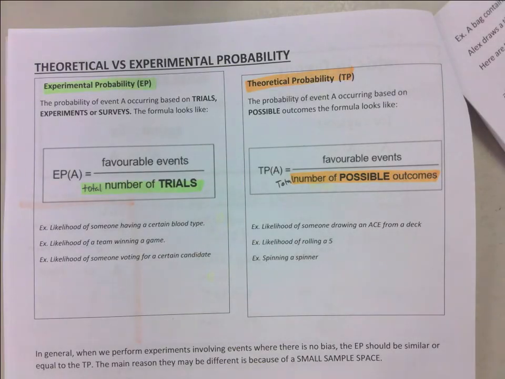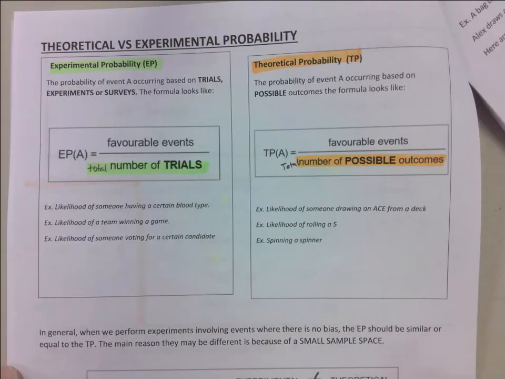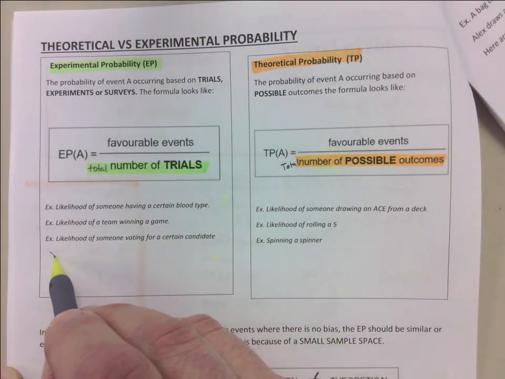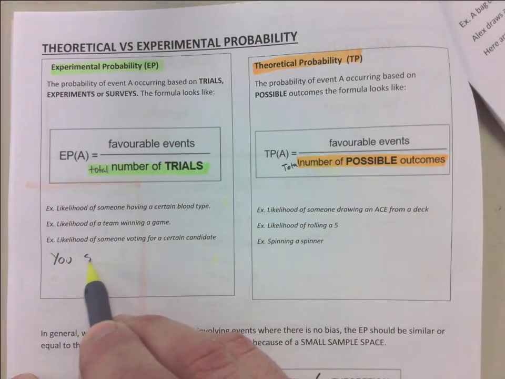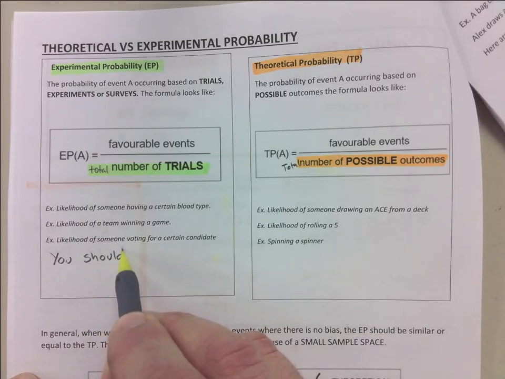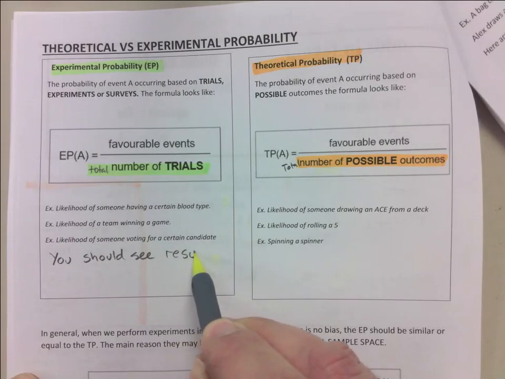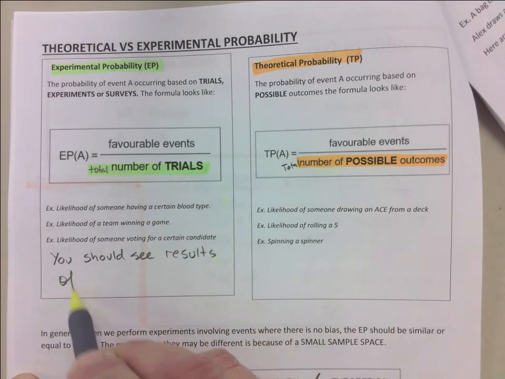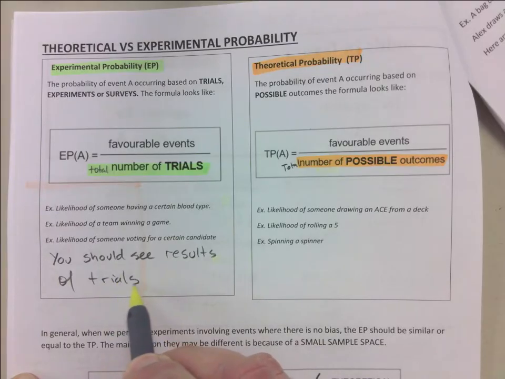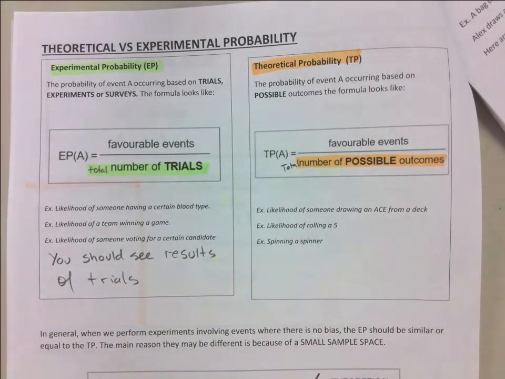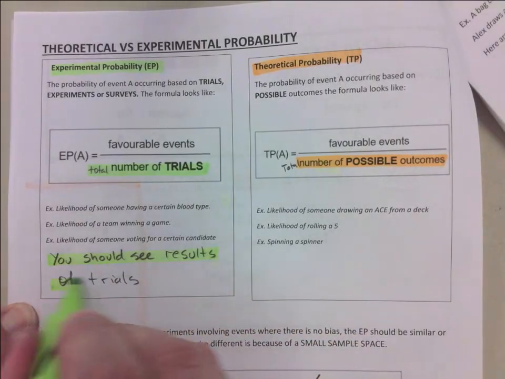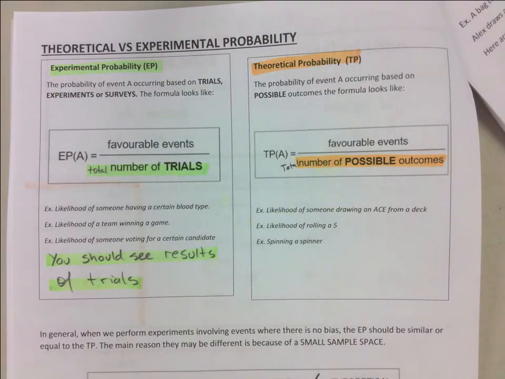So can I just add something to this box here? You should see results of trials. That is important. You should see them somewhere, or they will state what actually happened. Okay?